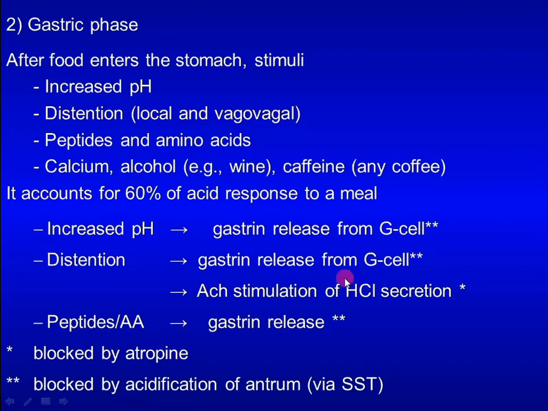All this together stimulates the release of acetylcholine. Acetylcholine stimulates secretion of hydrochloric acid directly. These effects can be blocked by atropine. The effects by other stimuli can be blocked by acidification of the antrum and subsequent secretion of somatostatin. Gastric phase accounts for 60% of acid response to a meal.